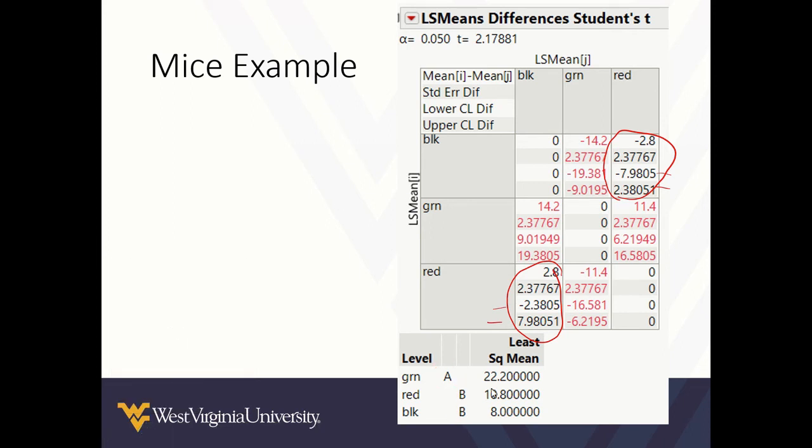In this case, red and black are both labeled B, and our green door is significantly different, so it's labeled A. How could we interpret this? Using our Fisher's LSD protected method, we can determine that there is a significant difference between the time it takes to complete the maze using a green door as opposed to a red or black door.